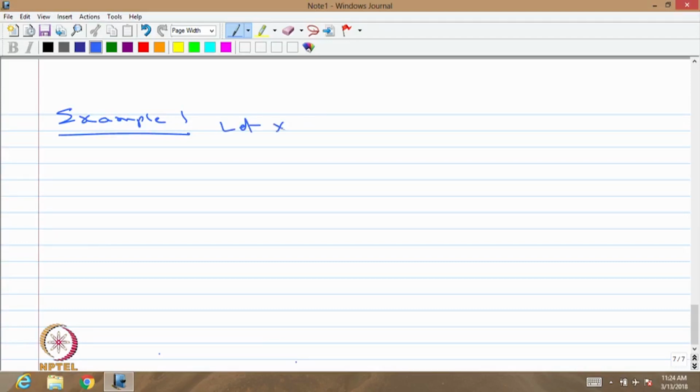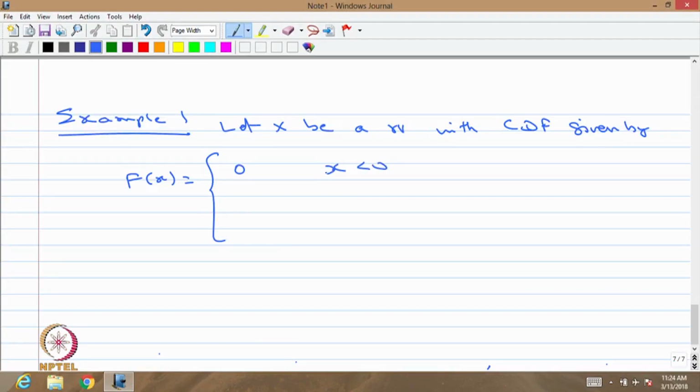Let x be a random variable with the CDF given by capital F of x, which takes the value 0 till 0, the value x between 0 and 1, and the value 1 from 1 onwards.